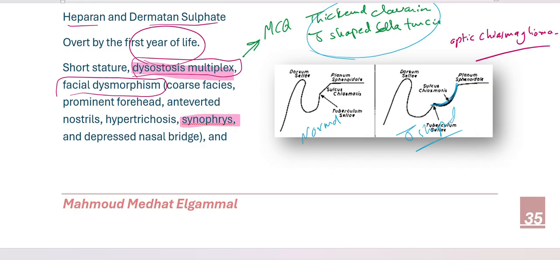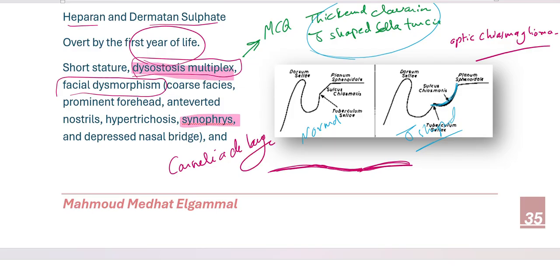And there is another important term that we encounter a lot in FRCOphth and FRCS questions, synophrys. Synophrys is having a single brow rather than two brows. This patient has synophrys, so he has a single brow. Synophrys usually happens in mucopolysaccharidosis and mucolipidosis. The most common cause for synophrys is Cornelia de Lange syndrome.